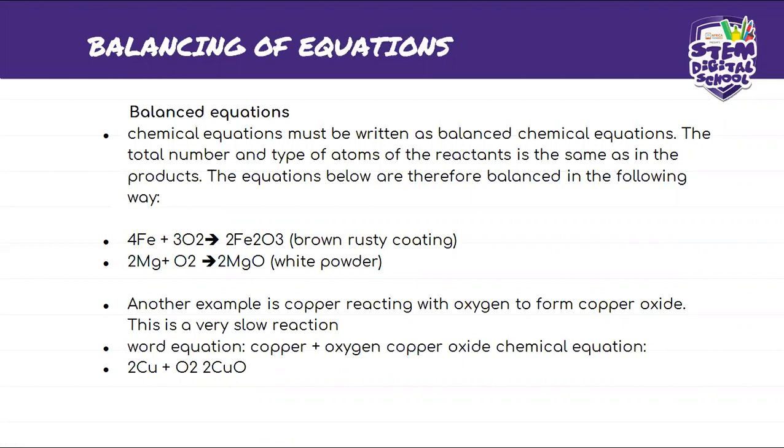Product. Okay, so let's look at these equations below and see whether they are what? Balanced. So how do we balance? As I have already indicated in the previous slide, for you to check that an equation is balanced, you have to check that the same atoms on the left-hand side are the same on the right-hand side.